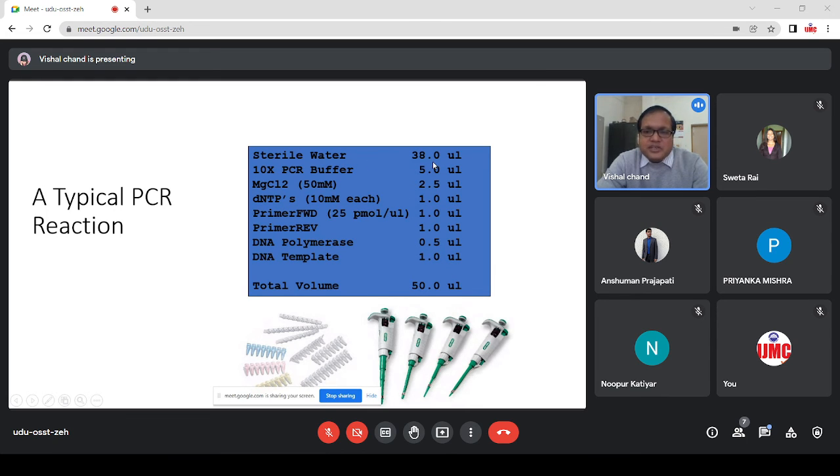Sterile water about 38 microliters, PCR buffer 5 microliters, magnesium ion 2.5 microliters, dNTP 1 microliter, primers forward and reverse both 1 microliter, DNA polymerase 0.5 microliter, and DNA template 1 microliter, and this overall gives the 50 microliters.